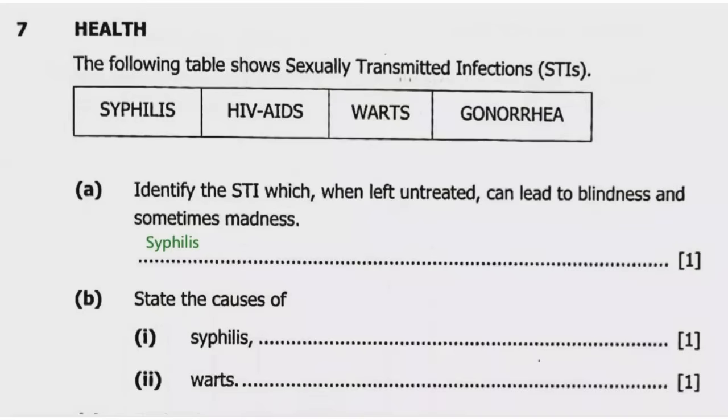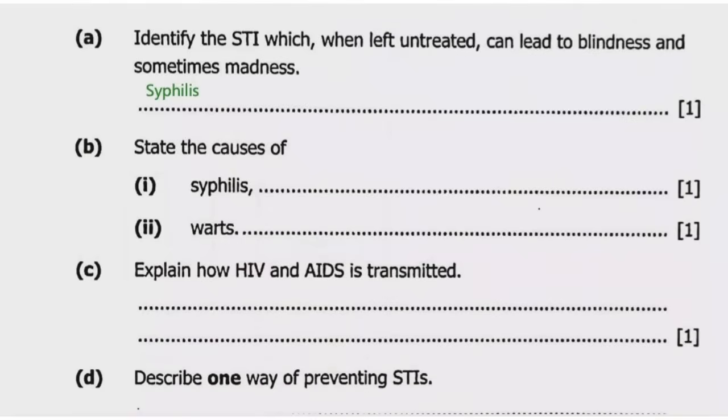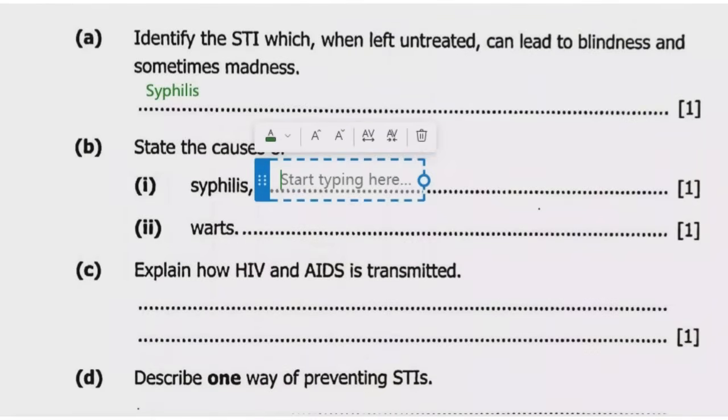Okay, let's come to B. State the causes of syphilis. What causes syphilis? I just want to generalize. Don't give specific answers and don't get troubled to find the specific answer for the question that you are given.